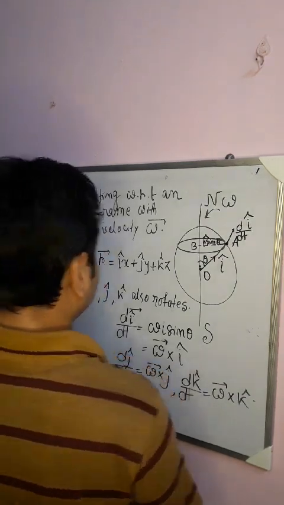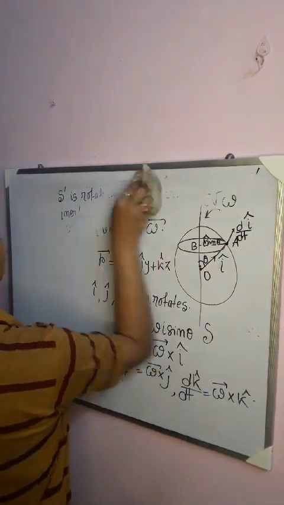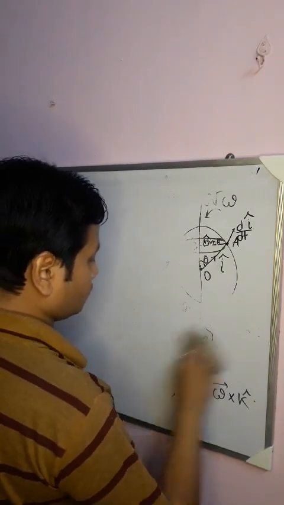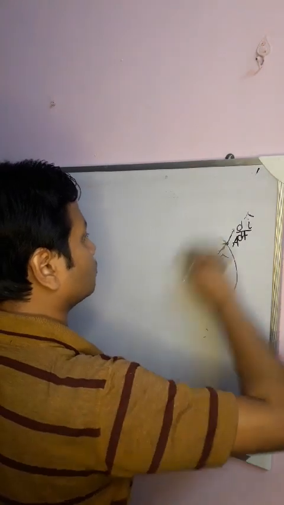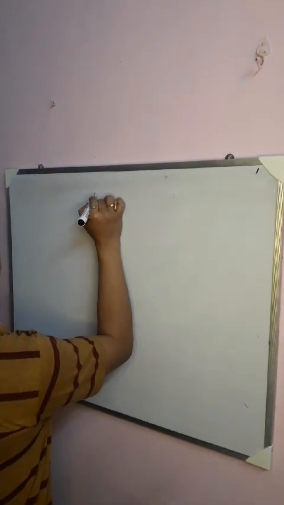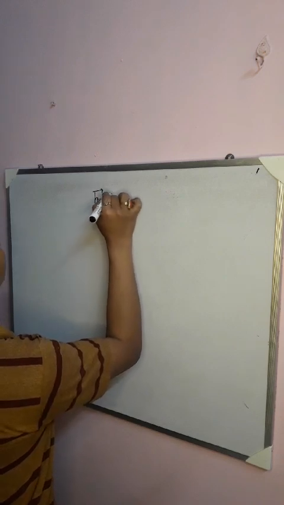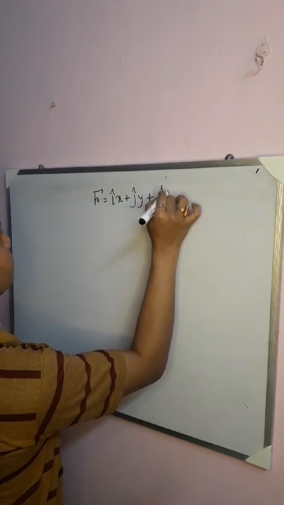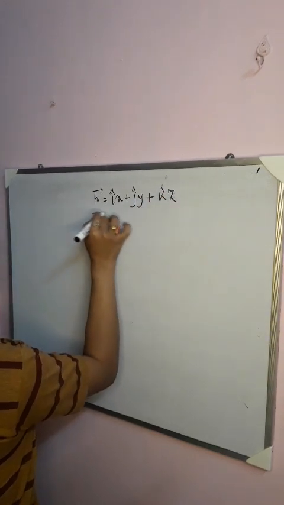So why I am writing this will be clear to all of you. Here we consider the rotation of the unit vectors. Now, as I told earlier, the unit vectors are also variables, so we can differentiate this. So what will be my v?